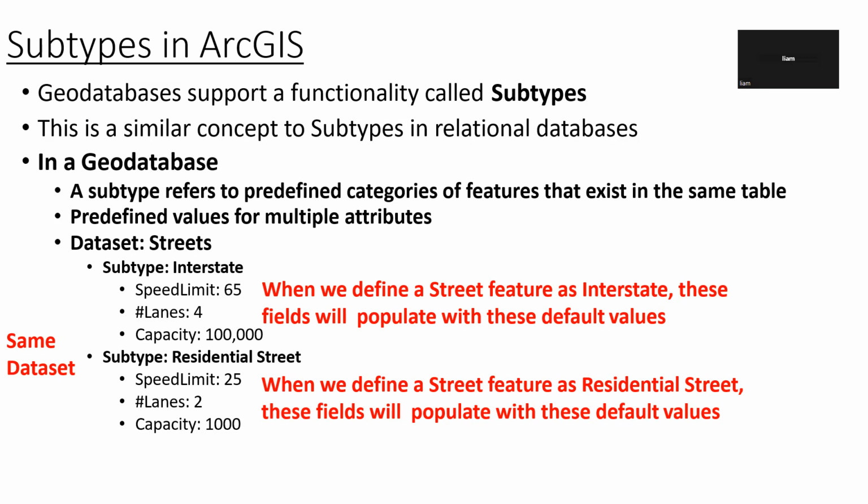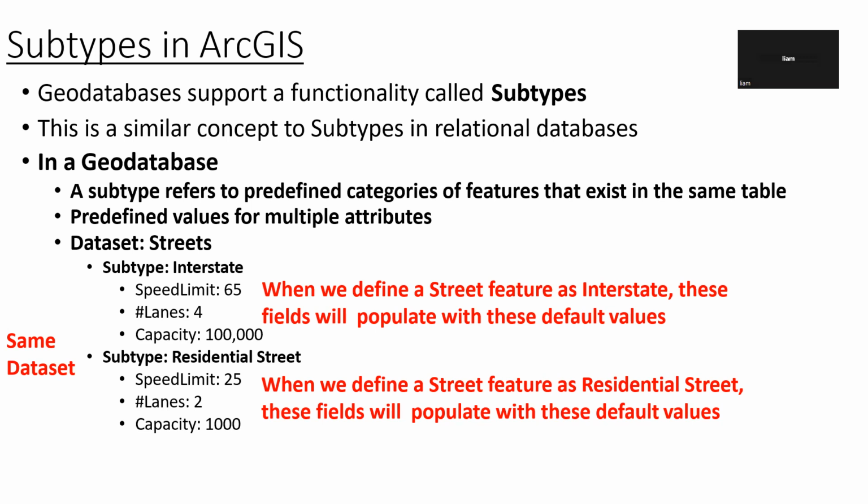So if you predefine these columns for the interstate, then when you add the interstate in streets, those three columns will be added automatically, right? So we can express this: when we define a street feature as an interstate, these fields of the speed limit, lanes, and capacity will populate with the default values that you set up.